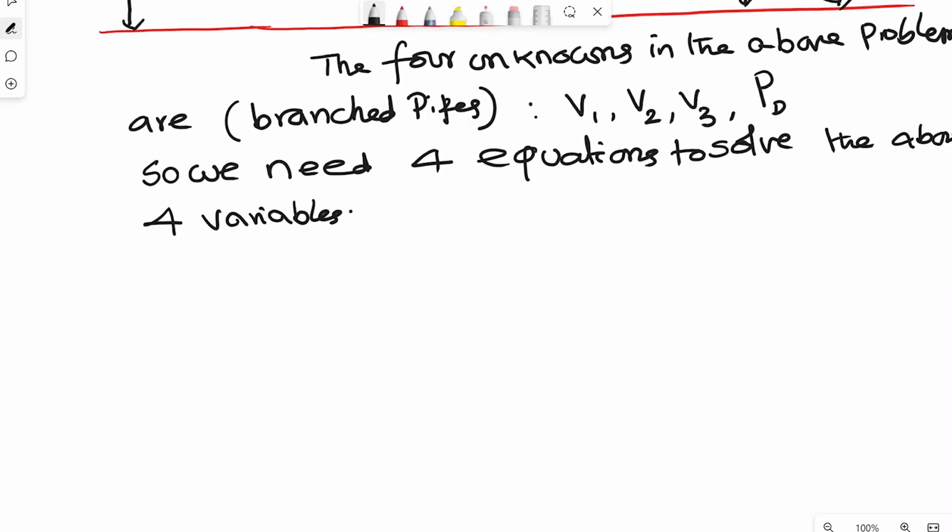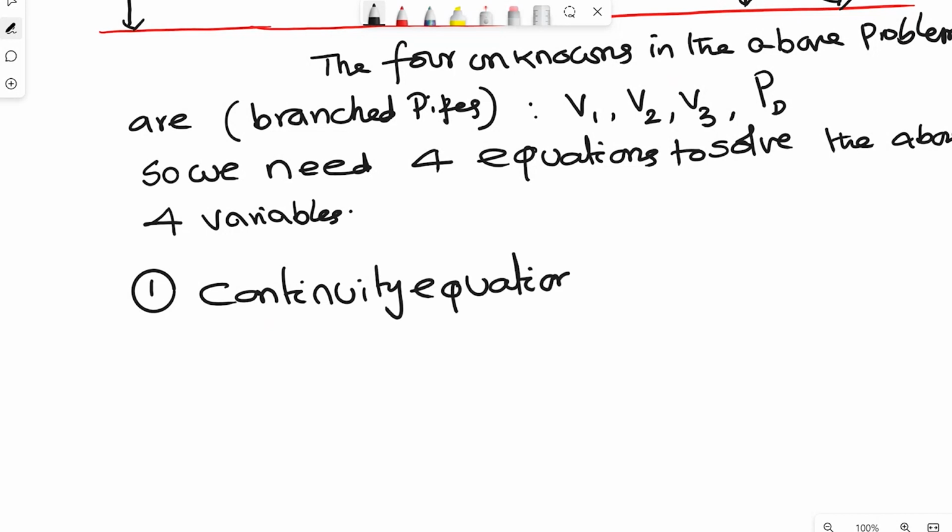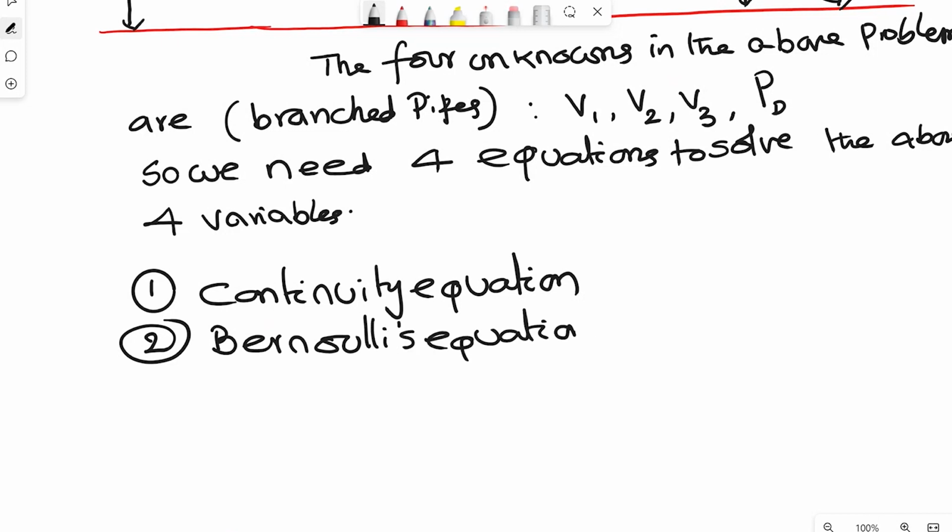The four equations are: number one is the continuity equation, number two is Bernoulli's equation, and three is basically the Darcy-Weisbach equation.